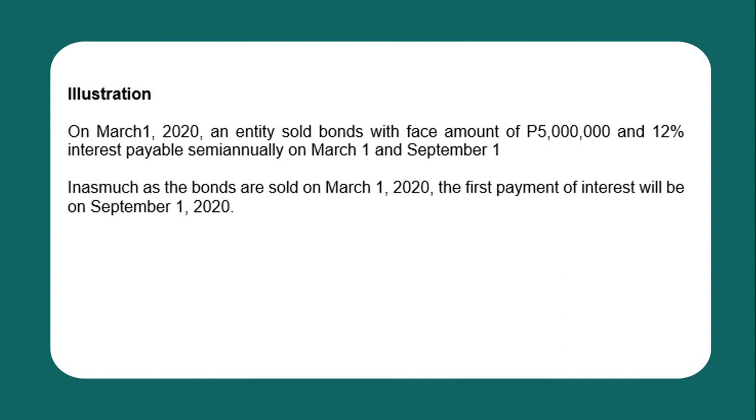Okay, so the interest dates are March 1 and September 1. And of course, on the same date, March 1, mao pod ang issue date, the issuance date sa bonds. So, since March 1 man ang issuance date sa bonds, the first payment of interest will happen on September 1. And the next interest payment will happen on March 1 of the following year.